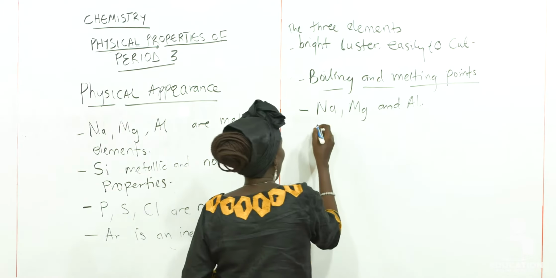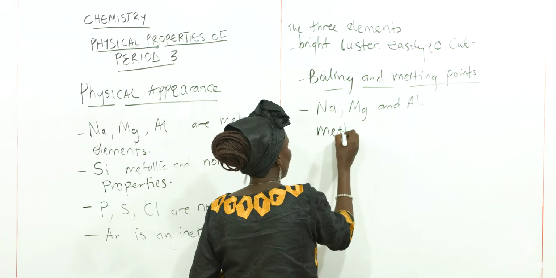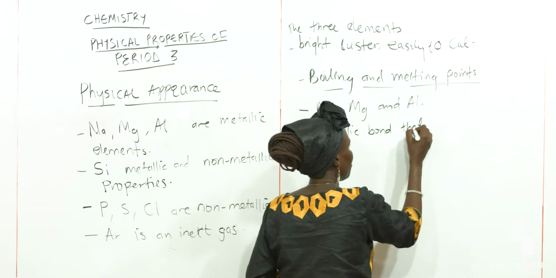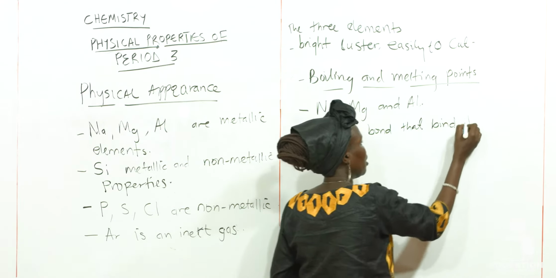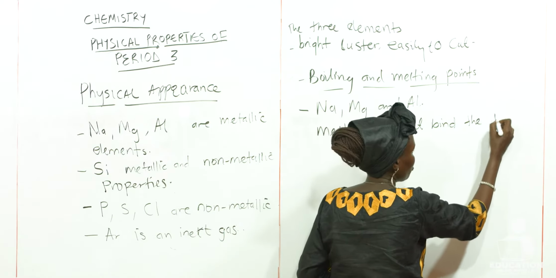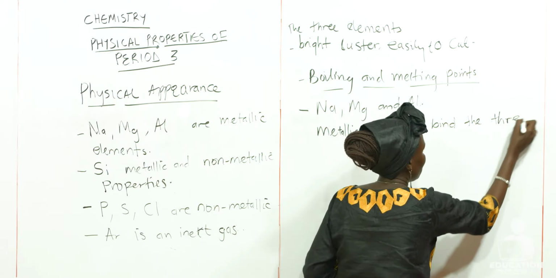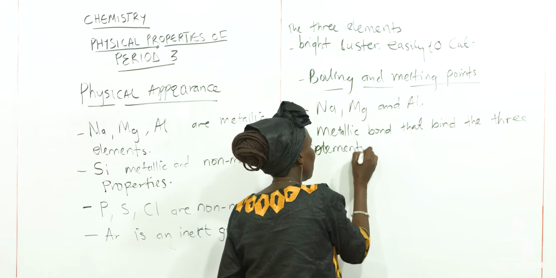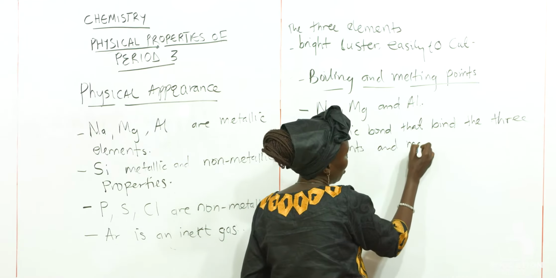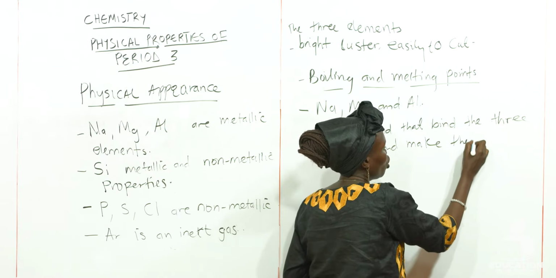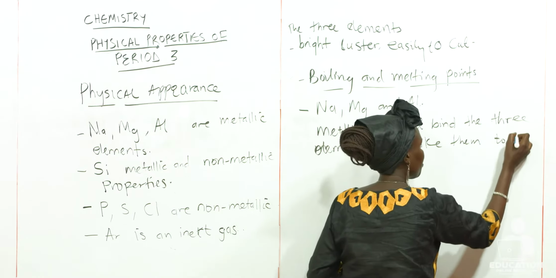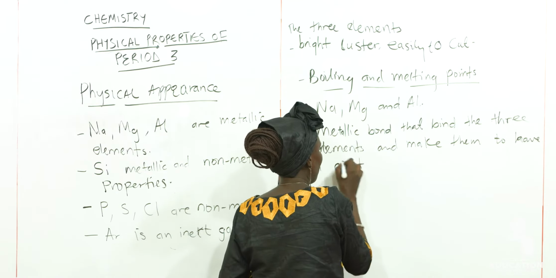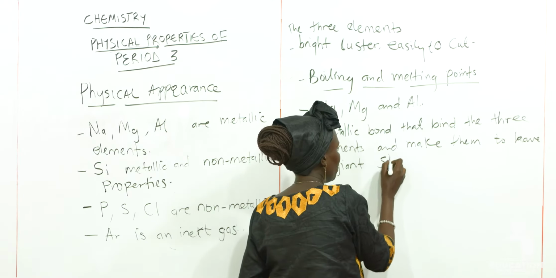So it is the metallic bond that binds the structure of these three elements and makes them have a giant, solid structure.